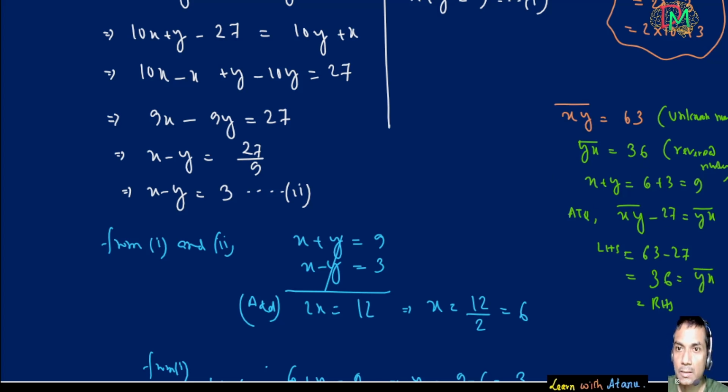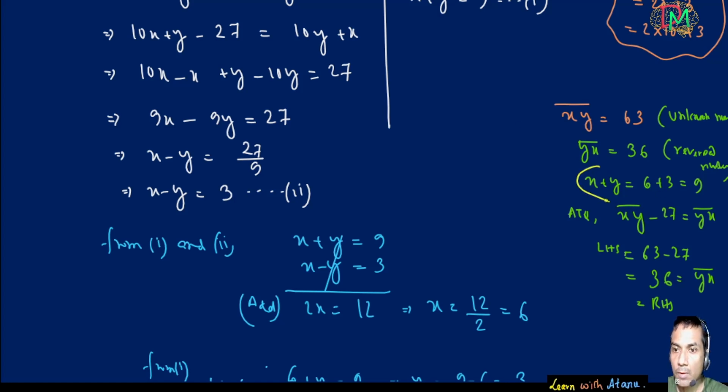Look at this, this is 36. So both conditions are satisfied. Here is the first condition, that the sum of the digits is 9, and this is the second condition, that if we deduct 27 from the first number, we get the reversed digits number.